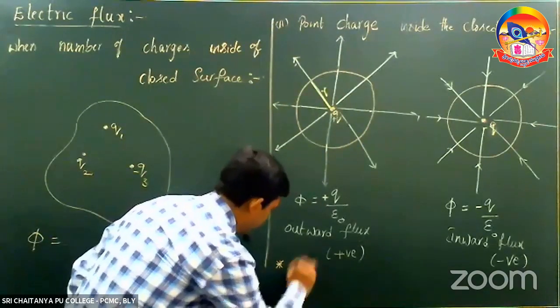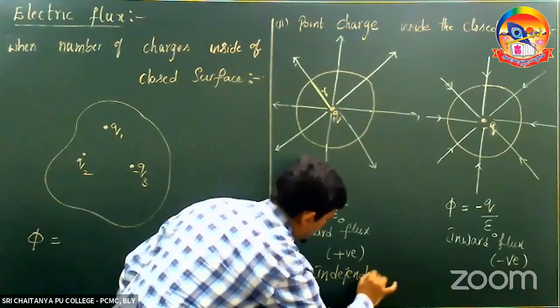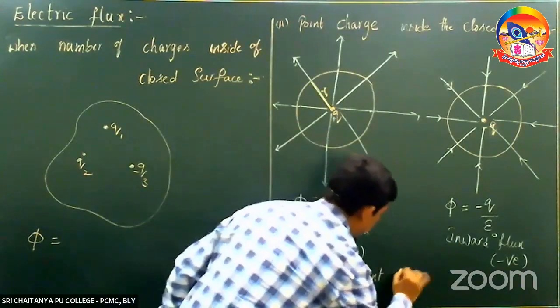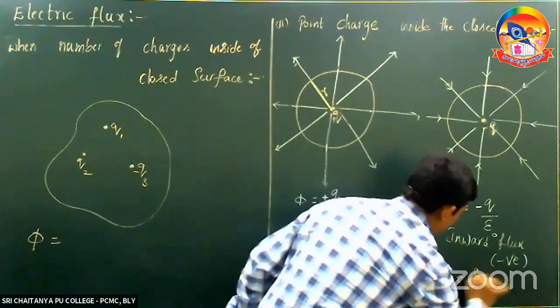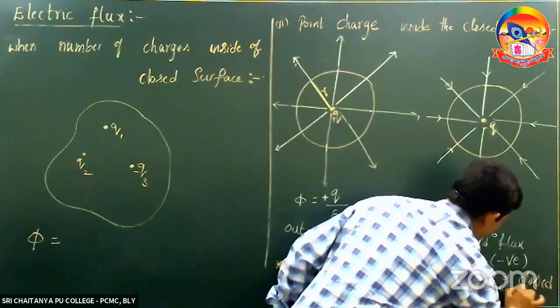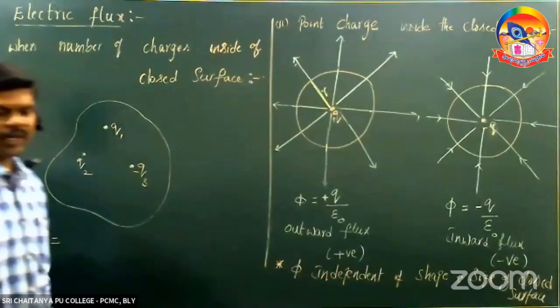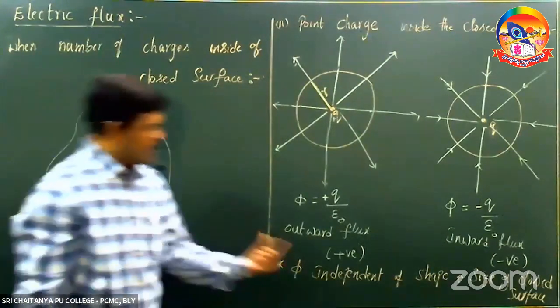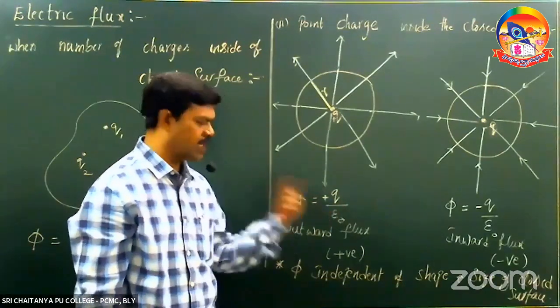So phi independent of shape and size of closed surface, right? Very important thing. How can we say, sir? See the formula. In the formula, it is Q by epsilon naught.